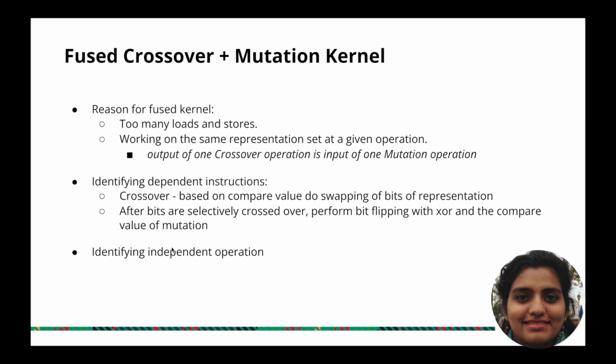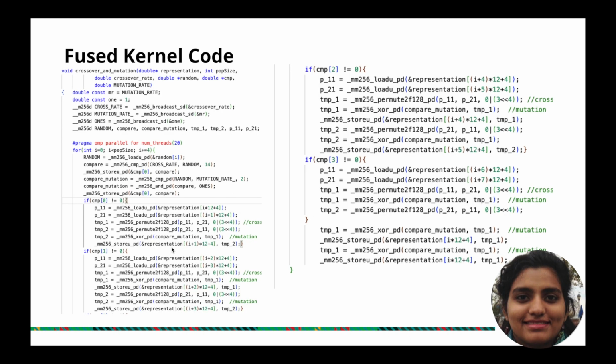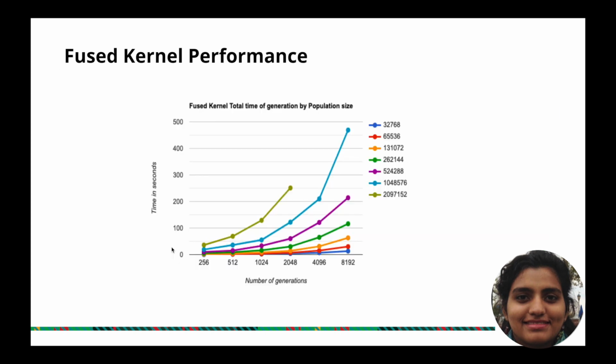So identifying these dependent instructions and designing that kernel, I came up with this fused kernel code, adding on to the crossover kernel itself, adding the components of the mutation rate and the compare values for the mutation rate. Add the instructions of XOR and store of those particular functions to each of these compare if statements, and you have the final fused code.